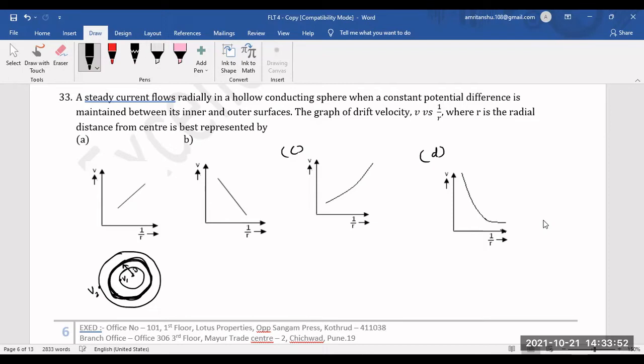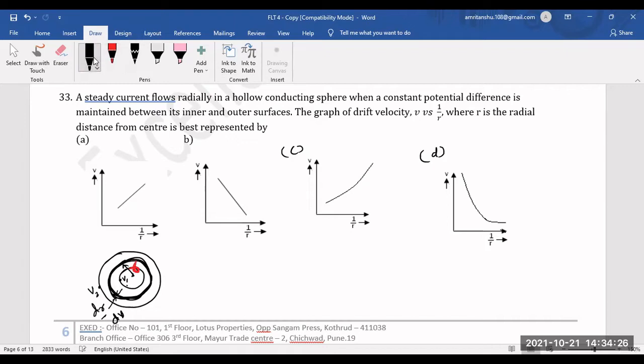At a distance r, we'll assume this to be dr, a small thickness dr. So here this thickness is dr and here the potential is dv, a small potential difference dv, because potential difference will be changing constantly throughout this when we move from this point to this point. Let's say here the potential difference is dv, thickness is dr, and this distance itself is at a distance r.